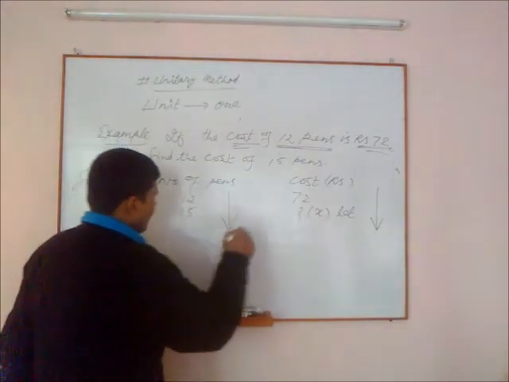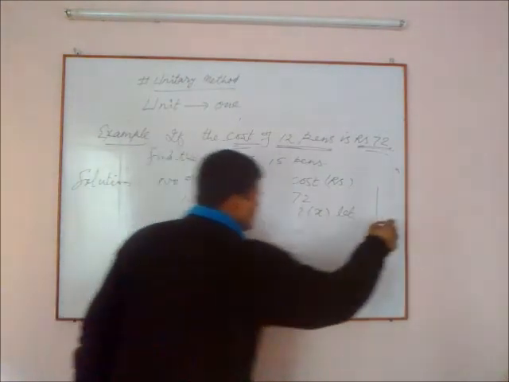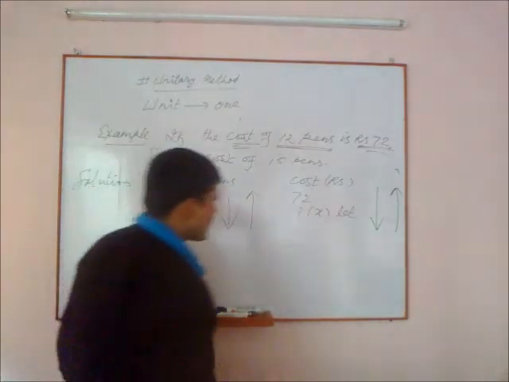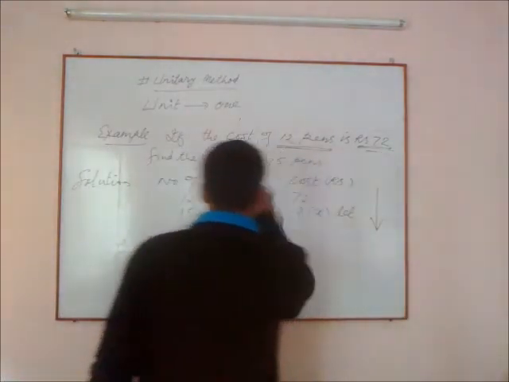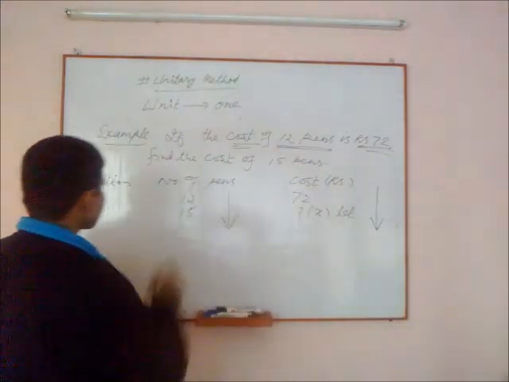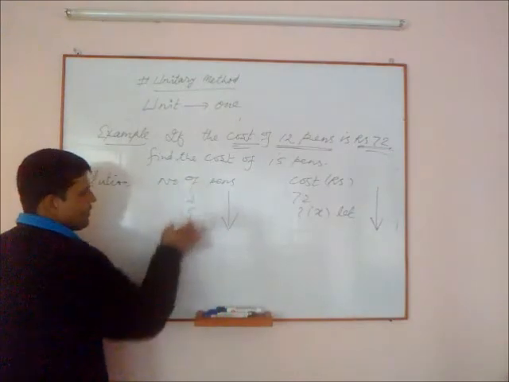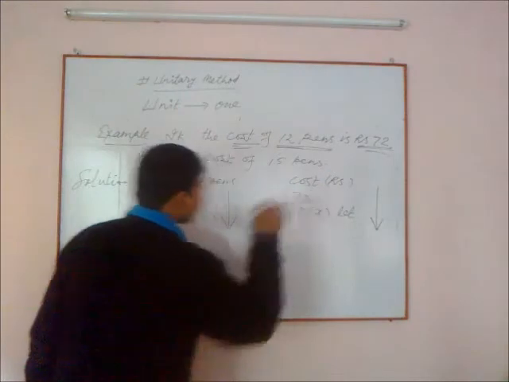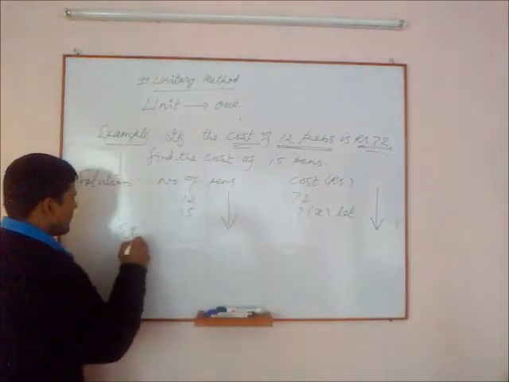If we follow this arrow this way, then here also we need to follow this way, the same direction. This means the ratio of these two values will be equal to the ratio of these two values.